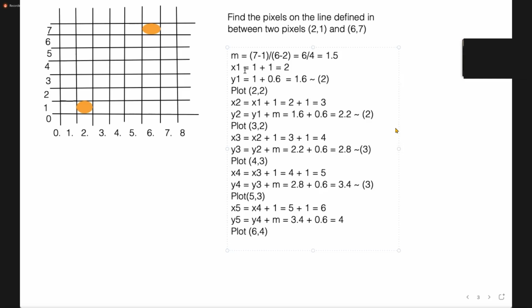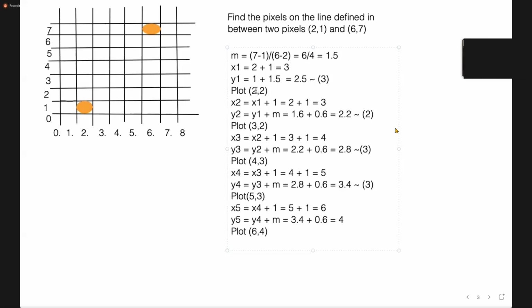Now, the next x value, the starting point, is 2. 2 plus 1 is going to be 3. And y1 is going to be 1 plus 1.5, that is 2.5, which approximately we have to take as 3.